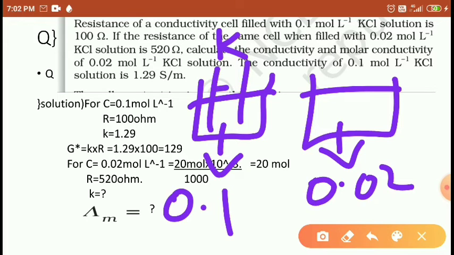The same length of electrode and the same area of electrode are removed from the first beaker and dipped into the second beaker, at the same distance. Then what is the conductivity and molar conductivity?